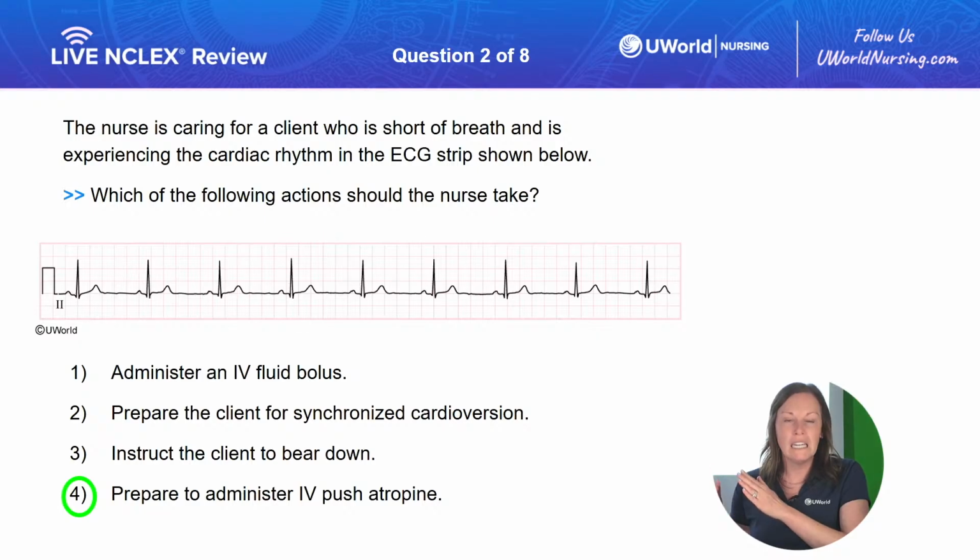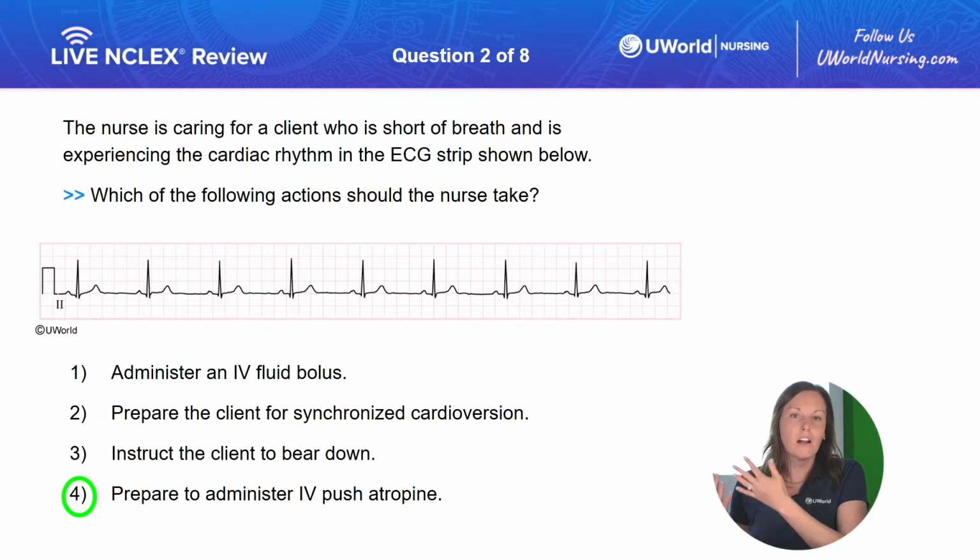The word pine is in atropine, so like a pine tree that's pointing up. So it's going to increase your heart rate. So atropine is one of those medications that we're going to give. After that, we would maybe do something like an external pacemaker. And then the ultimate fix for bradycardia is going to be an internal pacemaker if it's not corrected by medication.